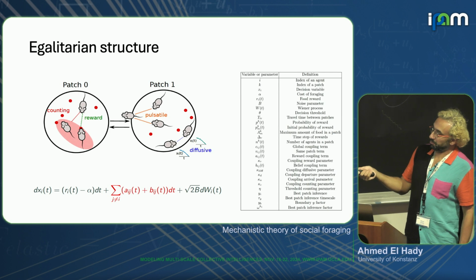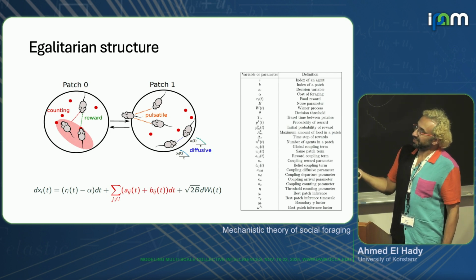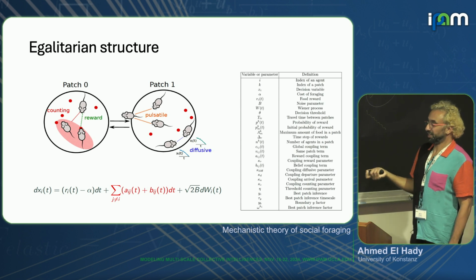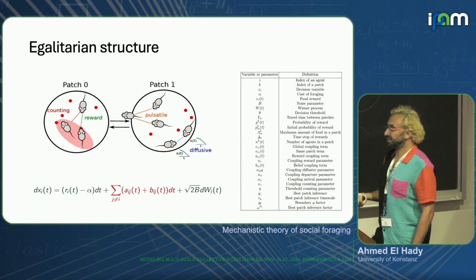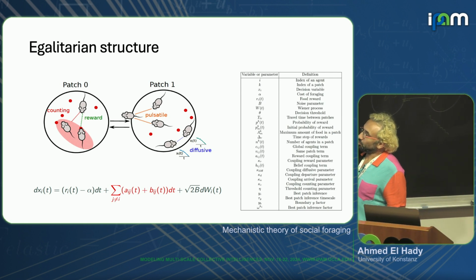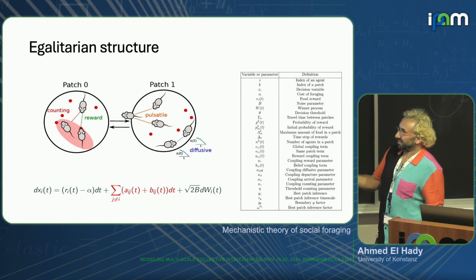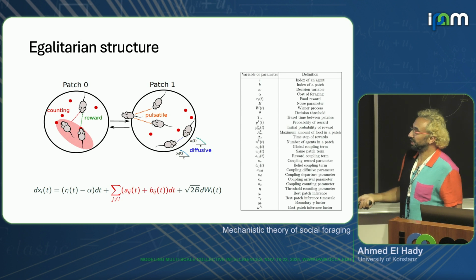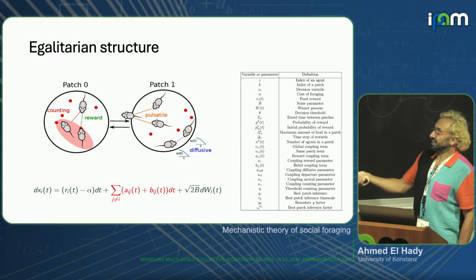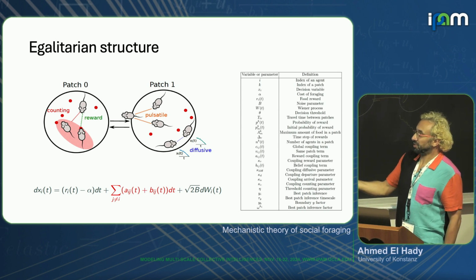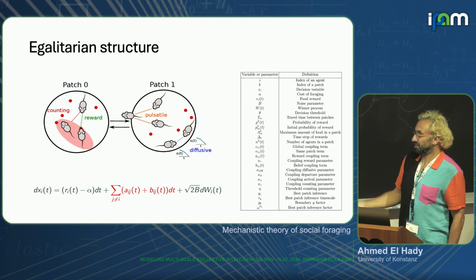Or pulsatile coupling, meaning if I see an animal leaving, then I follow, or I see it arriving, that is another way to do this pulsatile coupling. The reward coupling: if I see another animal getting a reward, that's another type of social coupling. Another one is counting: I see how many animals are in the patch.